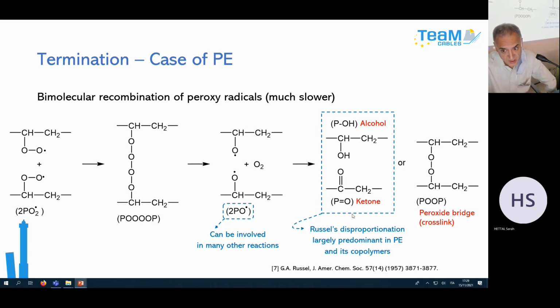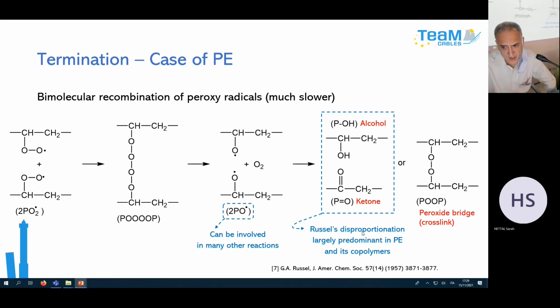The disproportionation, so an exchange of hydrogen atom, forms alcohol and carbonyl species, named here ketones. And you can have also the coupling, so the formation of a peroxide bridge crosslink. In the literature, this mechanism has been studied, in particular by Russell.